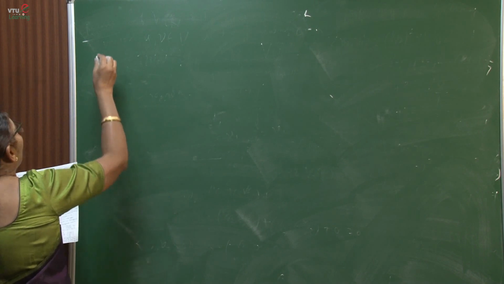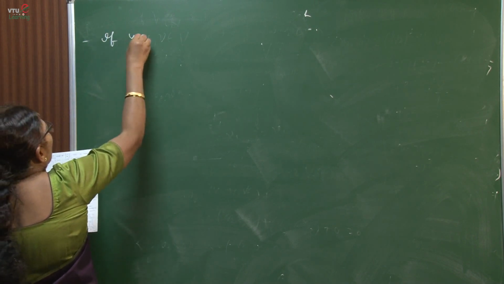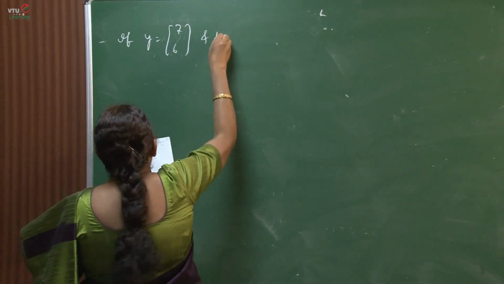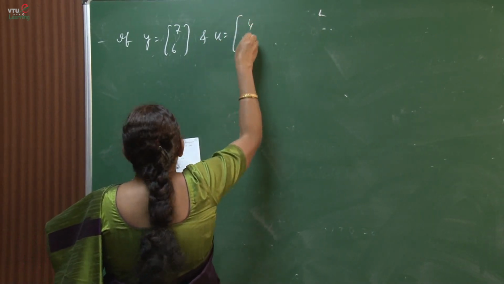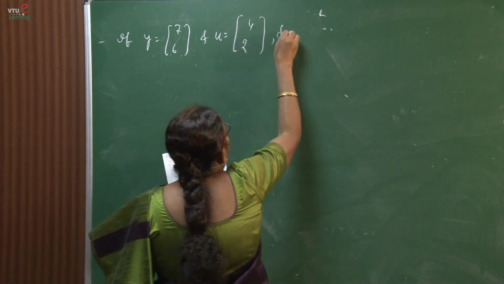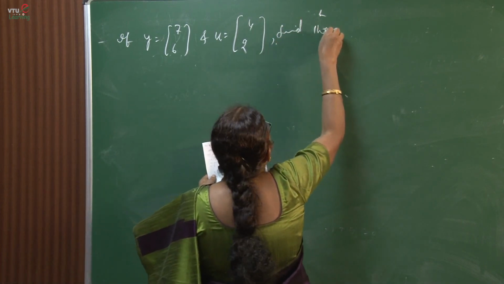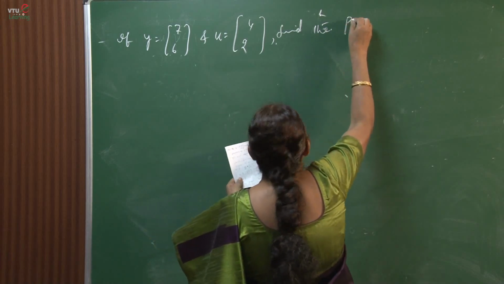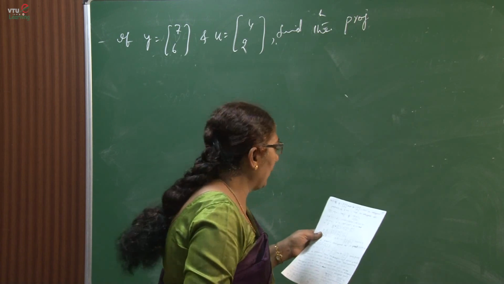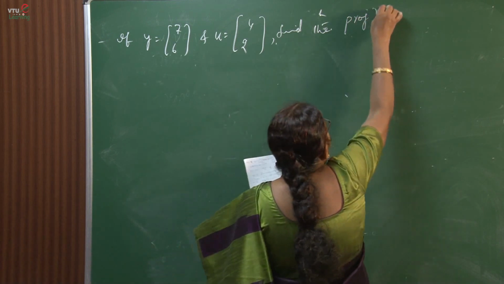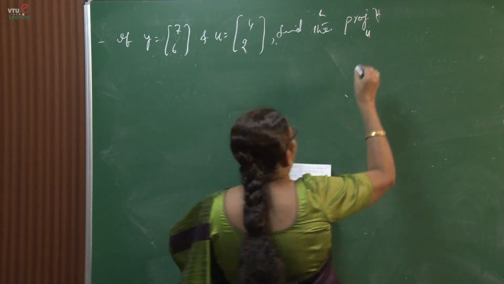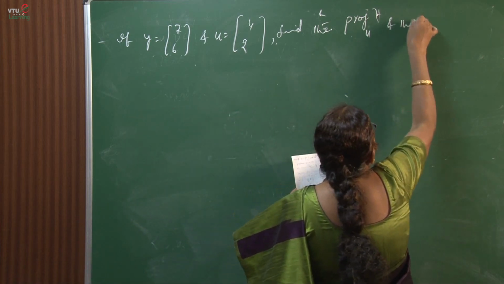Let y be (7, 6) and u be (4, 2). Find the orthogonal projection of y onto u, which I'll write in the notation proj of y with respect to u, and the orthogonal set.